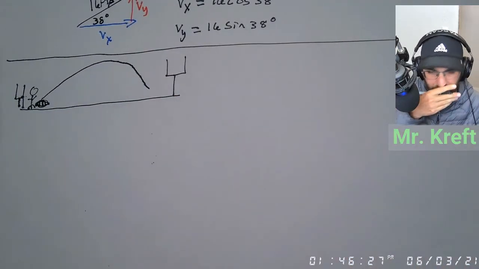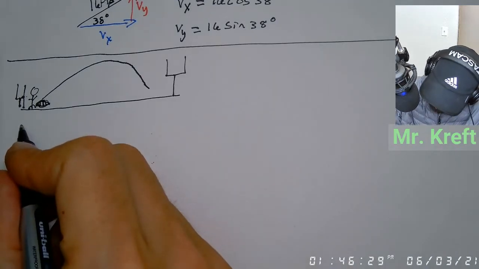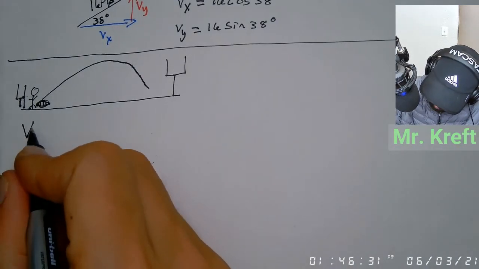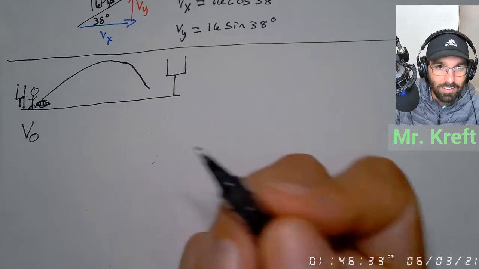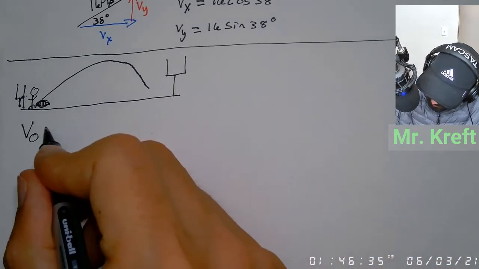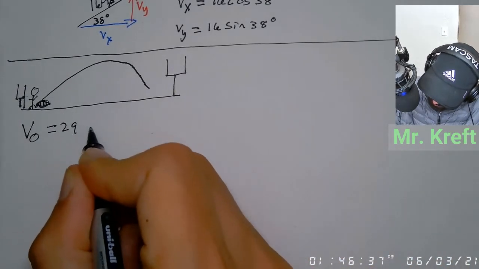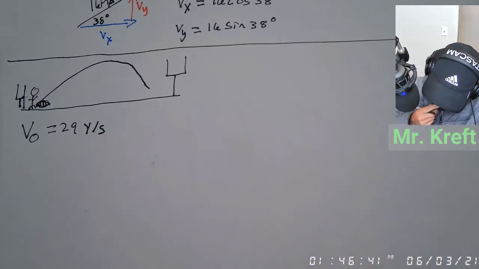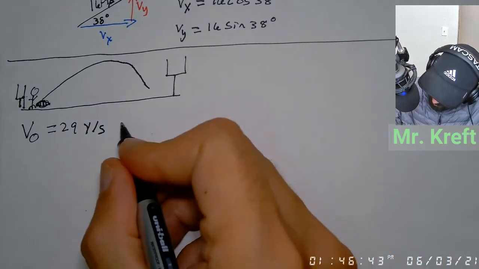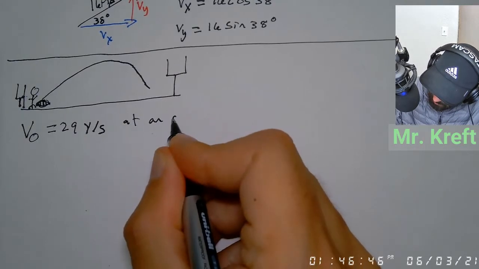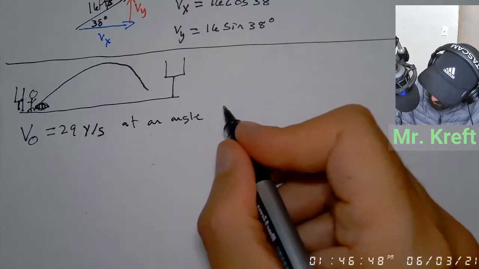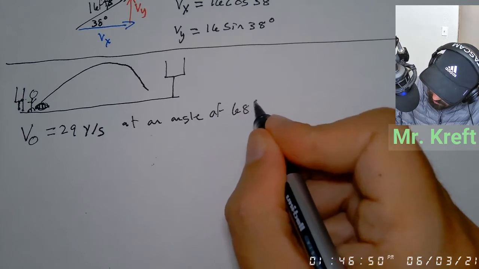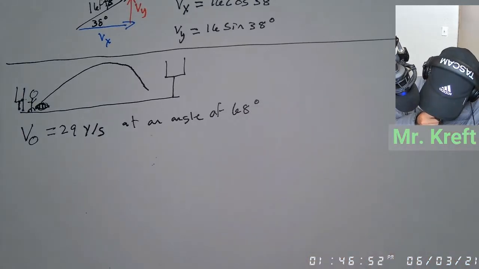Now, he or she is going to kick the football. Right? It's going to follow a quadratic. So the initial velocity, in physics we call that V naught, that means initial, equals 29 yards per second at an angle of 68 degrees. Okay.